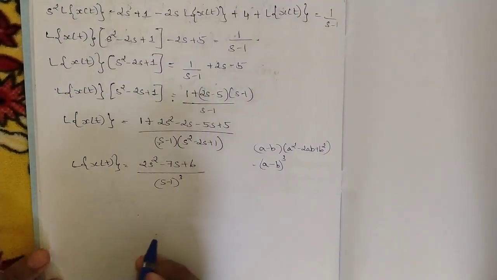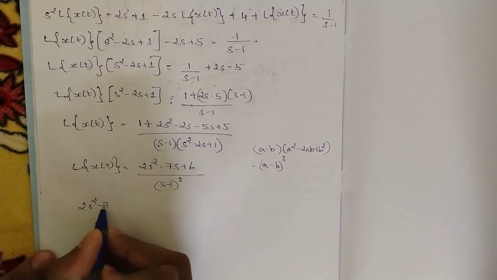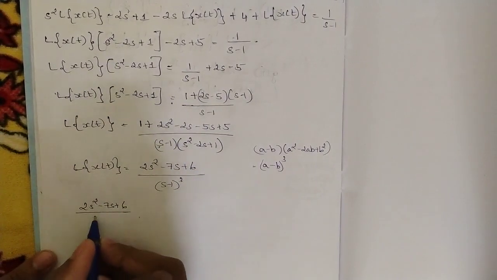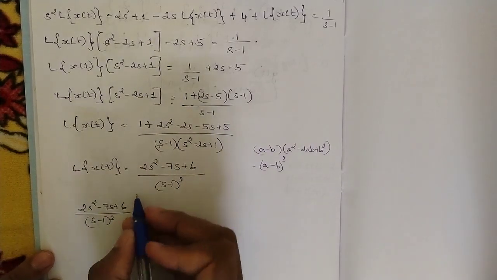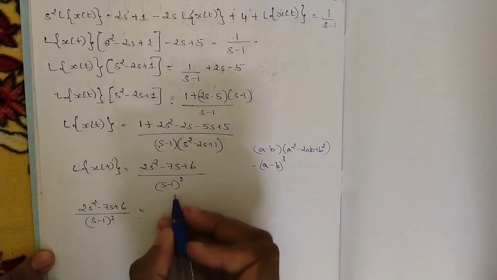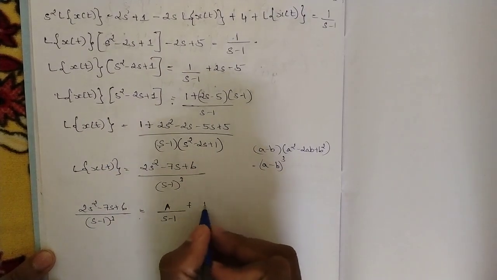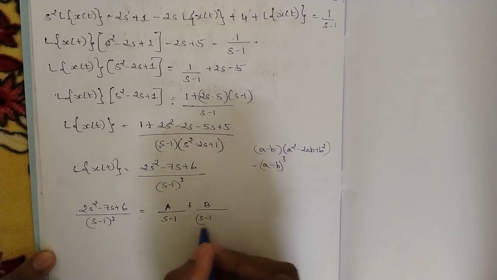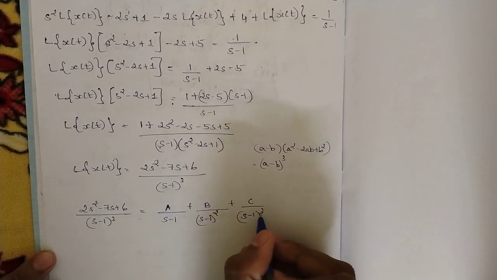That is, (2s square minus 7s plus 6) divided by (s minus 1) the whole cube is equal to a divided by (s minus 1), partial fraction you apply, plus b divided by (s minus 1) the whole square, plus c divided by (s minus 1) the whole cube.